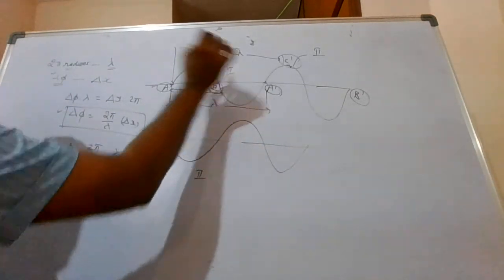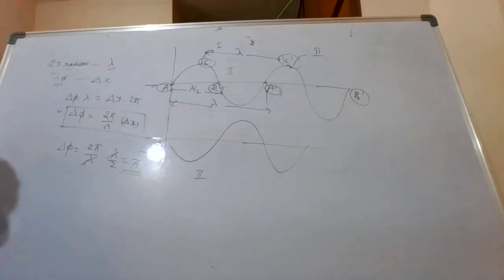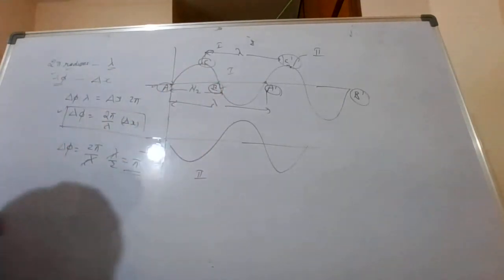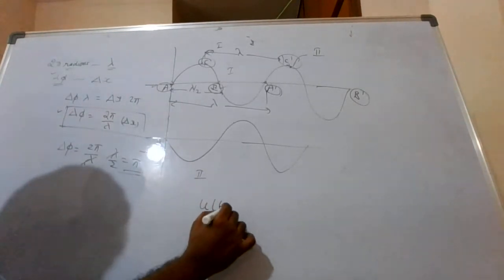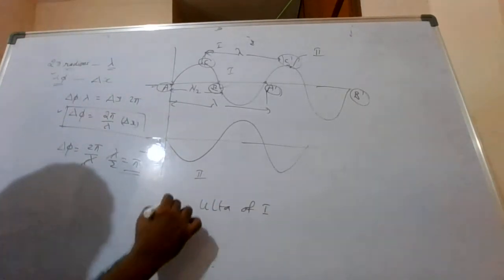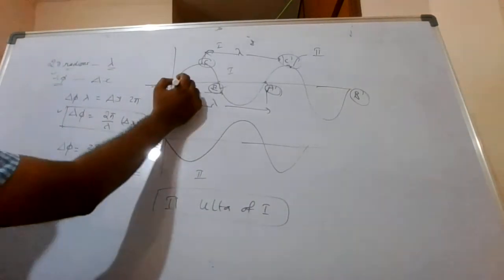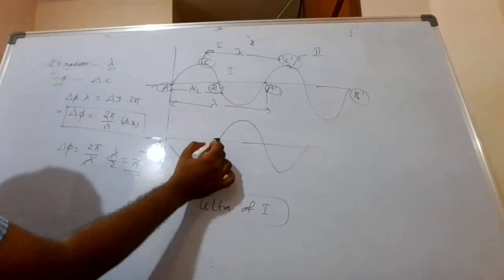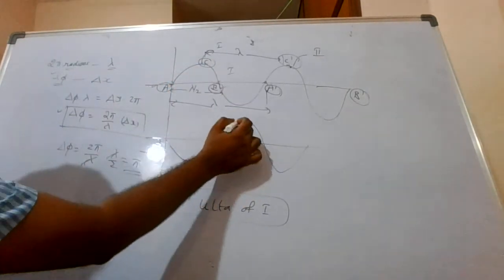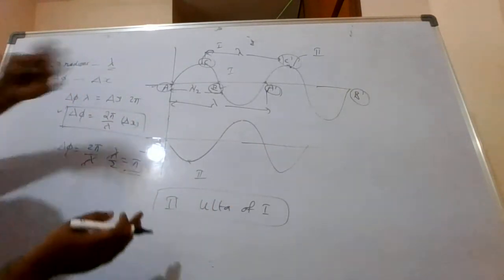This is my wave 1, if the wave is starting at B location. Now carefully observe here. This wave is exactly the reverse of wave 1. 2 is opposite of 1. This fellow going up, this fellow going down. This fellow reaching here, this fellow reaching here. This fellow going down, this fellow going up. So they are exactly opposite.